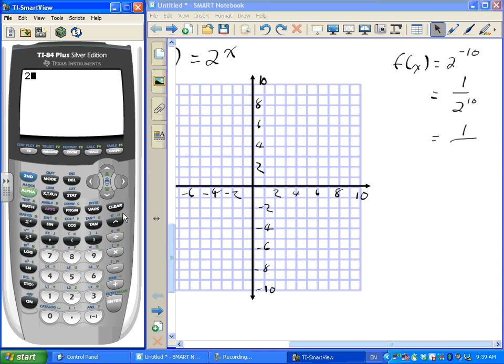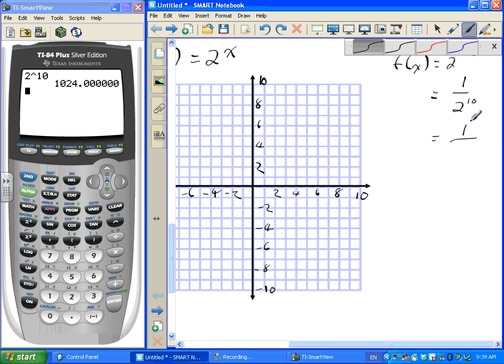So 2 to the power of 10 equals 1,024. So they give me a fraction, but I need to give this an actual y value. So which means I still have to divide if I'm to graph this on the x and y axis there.